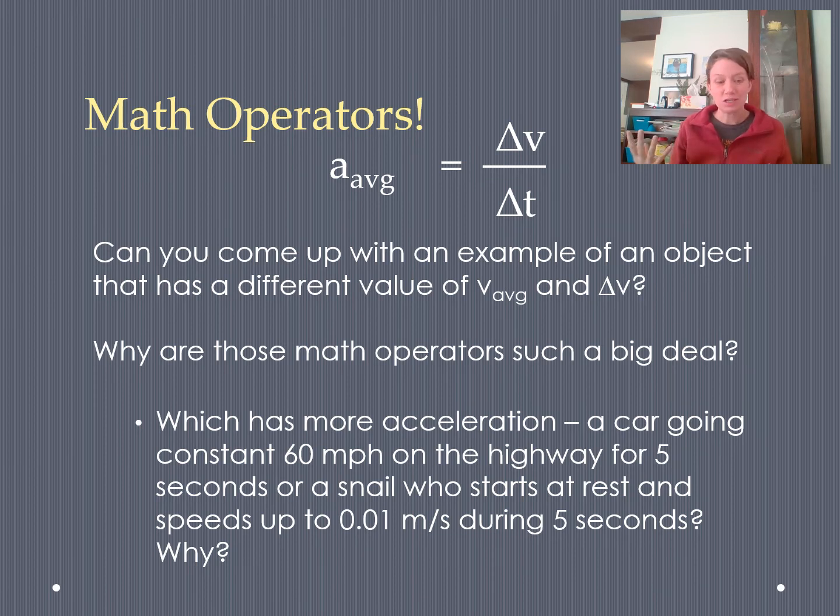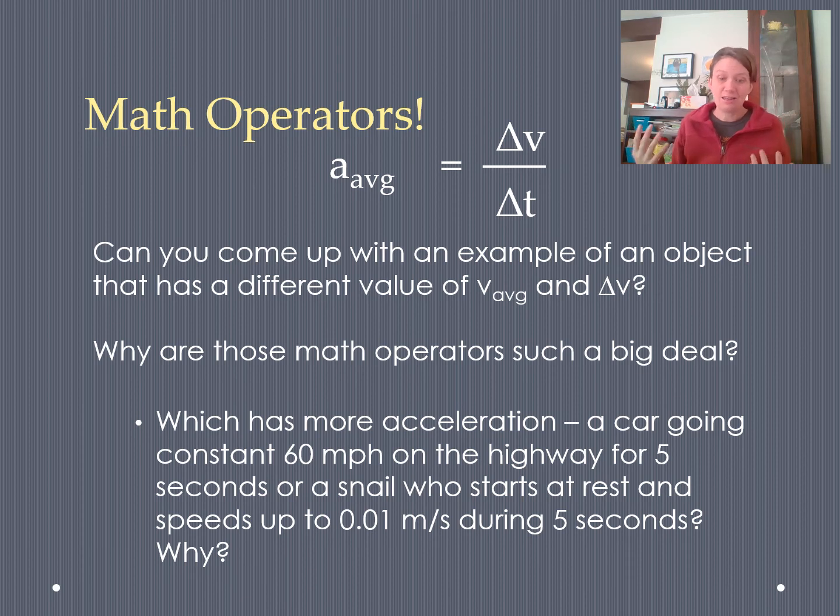As we mentioned a minute or two ago, if we're going at a constant speed at 60 miles per hour on the highway, my delta V is actually 0, which means that car has 0 acceleration, even though it's moving really fast.